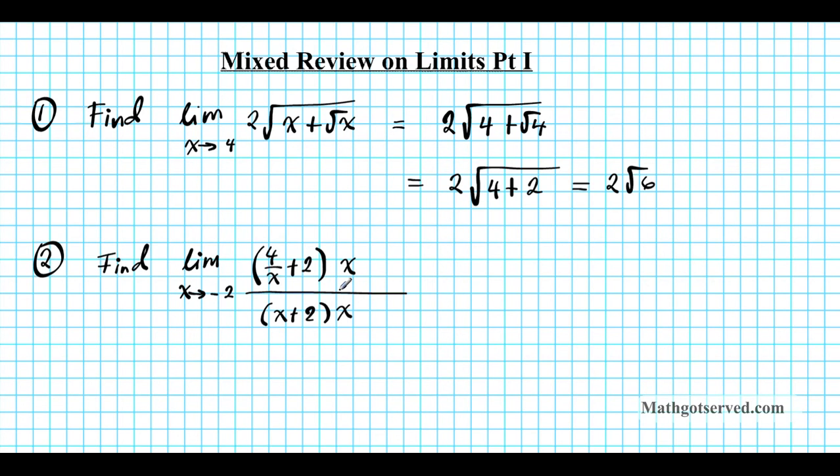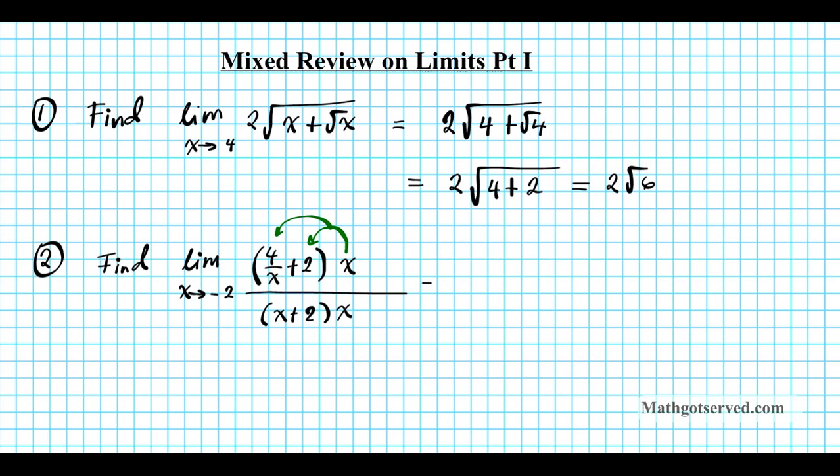Let's figure out what the value of this limit is. First thing we can do: we have an x down here. If we distribute this x to this quantity in the numerator, it will get rid of this x in the denominator. So rather than dividing downwards, which would be a natural inclination, we'll just distribute this x to these two quantities in the parentheses.